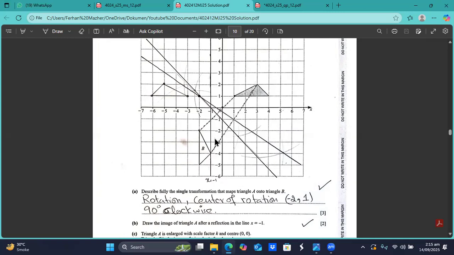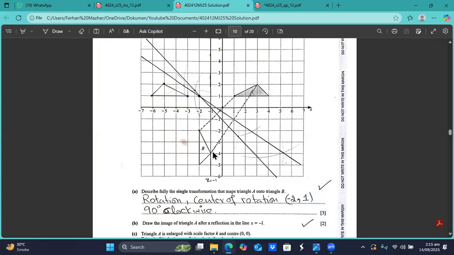Then I join the next two points, put my compass here, open it more than half of this line, and draw arcs on both sides. Then I put the needle on the other point, draw two more arcs, and join them. So this is the second perpendicular bisector.